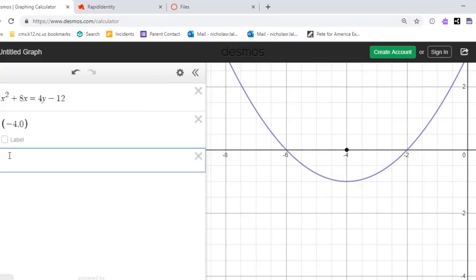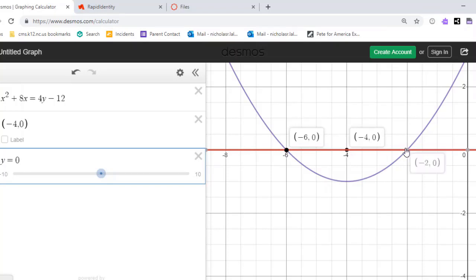And another thing we can do is create, for example, the y-coordinate of our supposed focus, y equals 0. And if the points on the parabola are not equidistant between the line that runs through the focus and the points on the parabola, then it's not the focus.